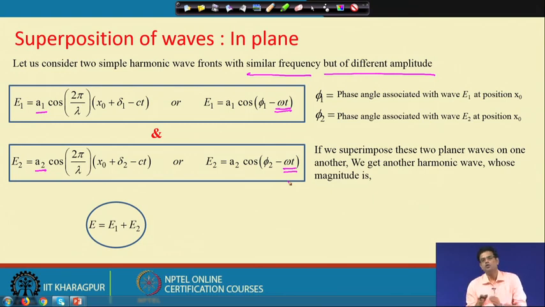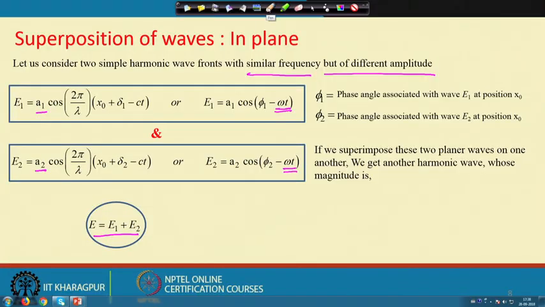So, if such two waves superpose in a plane and I try to find out the resultant wave, it is simply an addition.